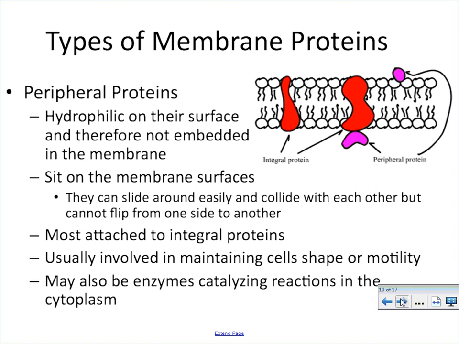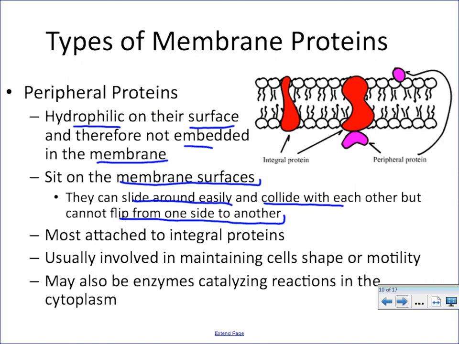The other category of membrane protein is the peripheral protein. Peripheral proteins are hydrophilic on their surface, so the outer part of the protein is hydrophilic and does not embed itself within the cell membrane. What they will do is sit on the membrane surface. On the membrane surface, they can slide around easily and collide with each other, but basically they stay on the side that they are located on, so they cannot flip from one side to another.